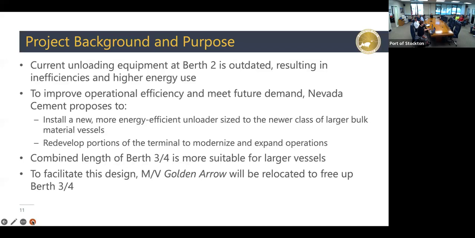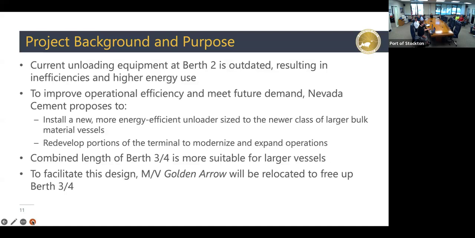Vessels currently unload cementitious material at berth 2. As I previously described, equipment at the terminal was originally designed to handle fertilizer and is outdated and in worn condition, requiring more energy to operate than new technology equipment. The existing unloader is designed to handle an older class of vessels.